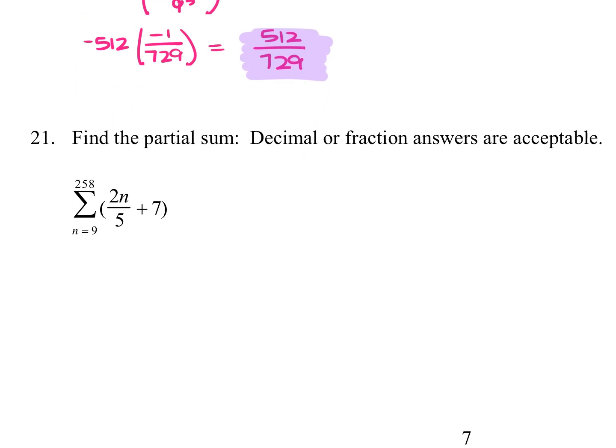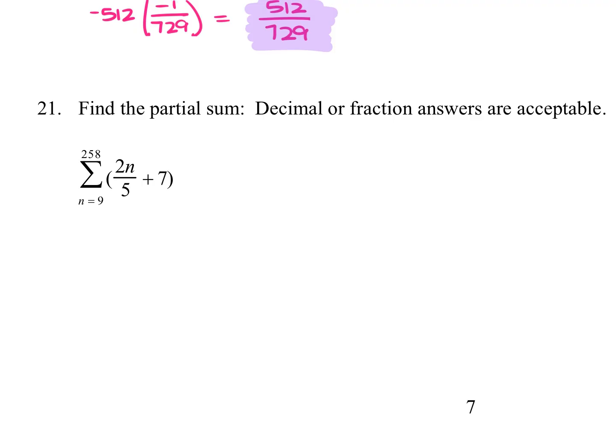Next, we're finding the partial sum. This is number 34 from your review. So the first thing we're going to do is find n. So 258 minus 9 plus 1 gives us 250. Then we're going to find our first term.